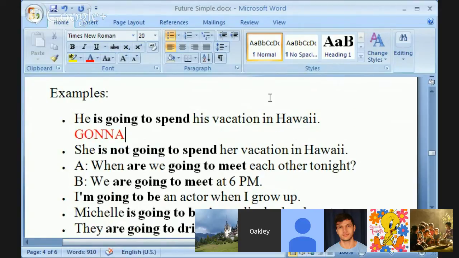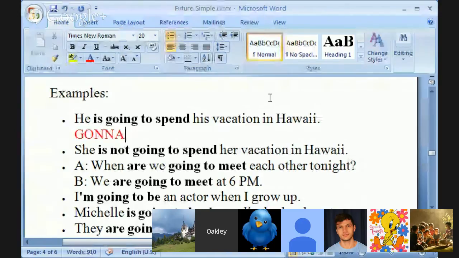He's gonna spend his vacation in Hawaii. She isn't gonna spend her vacation in Hawaii. Normally reduced speaking in everyday life, this is very common.